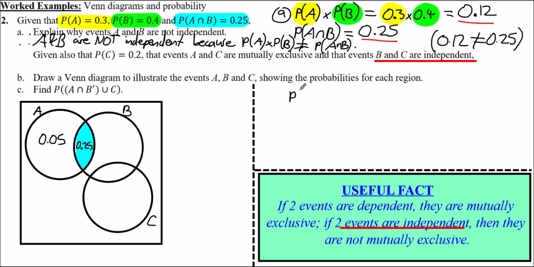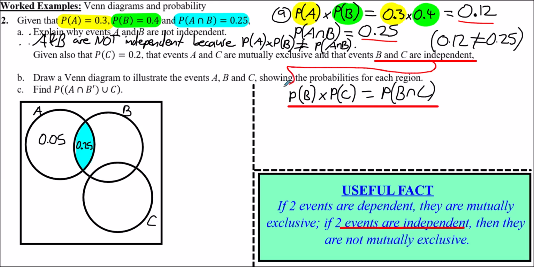Because B and C are independent, probability of B times the probability of C will equal the probability of B and C occurring together. We know that because they are independent events. So this line here implies that.